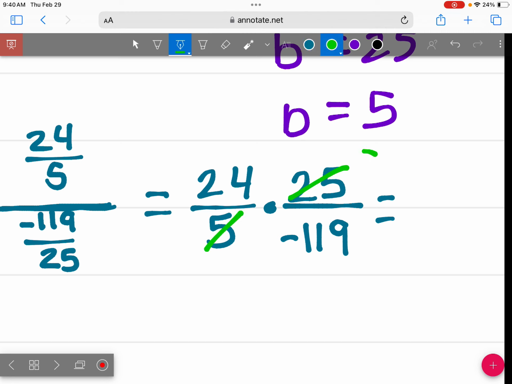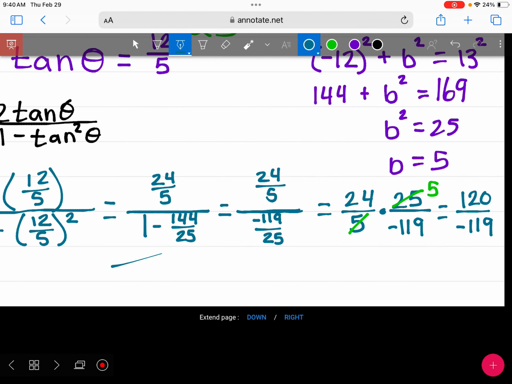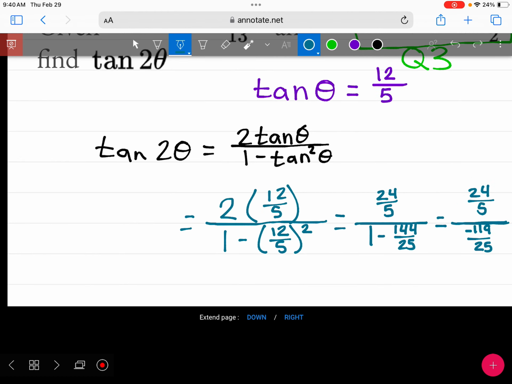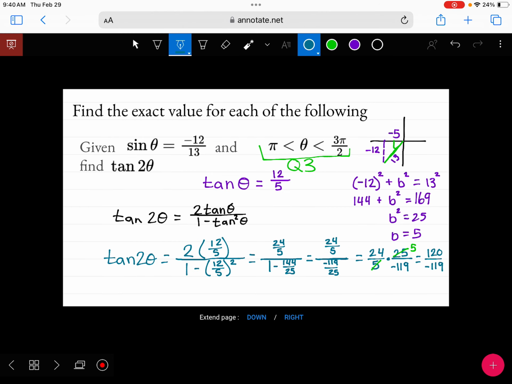The 5s. So we have 24 times 5, which is significantly less gross. 120 over negative 119. So it's the same kind of process. Tangent just feels grosser because it's fractions of fractions. Okay? So tangent of 2 theta equals that guy.